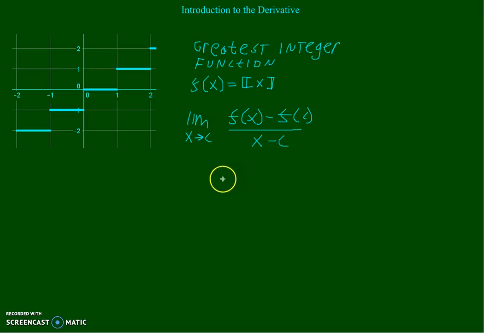We're going to take this limit from the left first. So the limit as x approaches 0 from the left of f of x minus f of 0 over x minus 0.